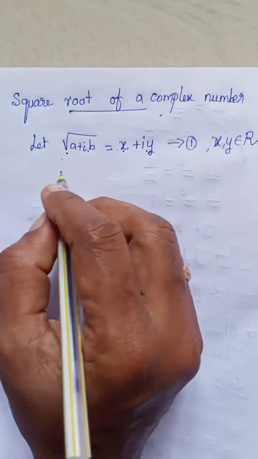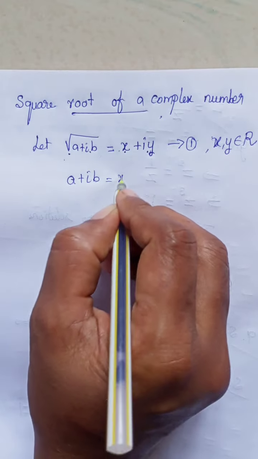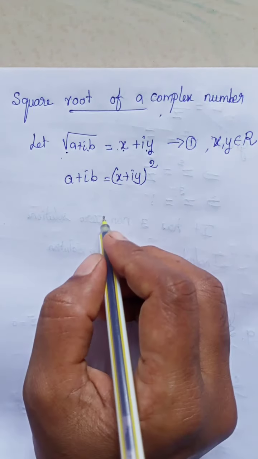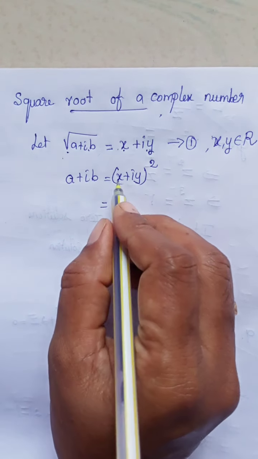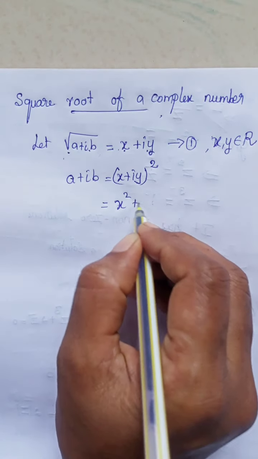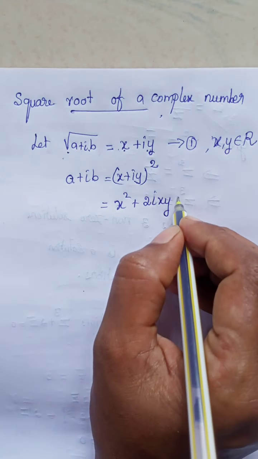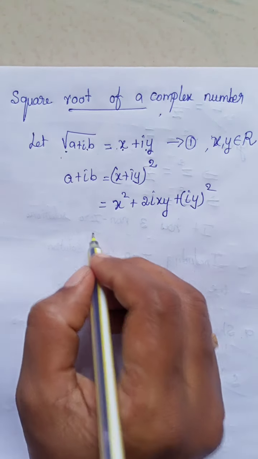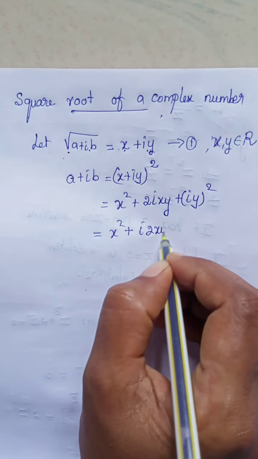Okay, so square on both sides, what may we get? My a plus ib is equal to x plus iy the whole square. Somehow we need to find out what is x and what is y. When we square it, a plus b the whole square is a square plus 2ab plus b square, so x square plus i into 2xy plus iy the whole square.